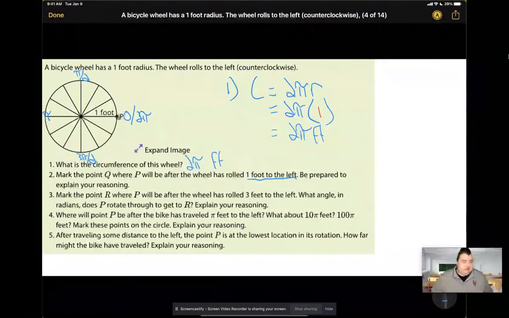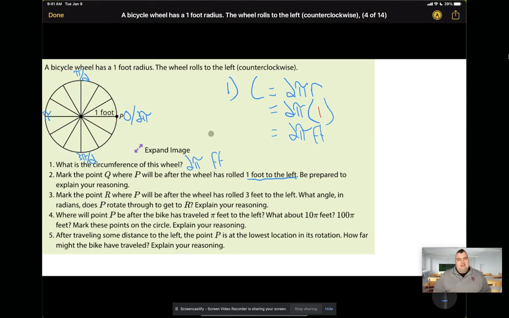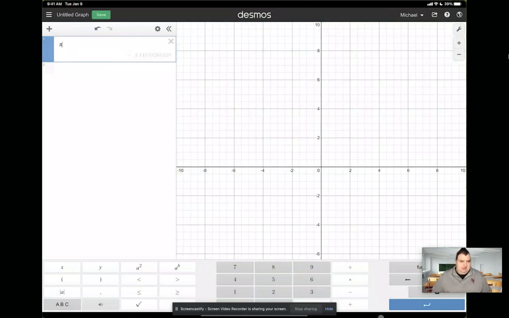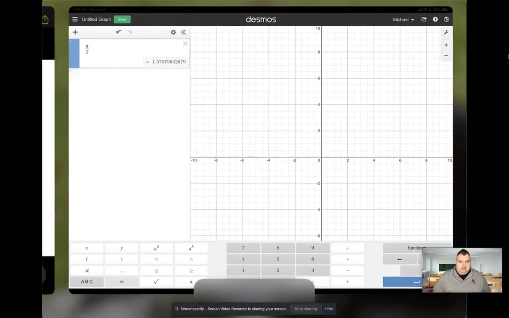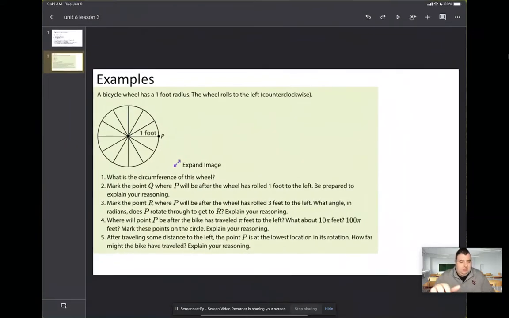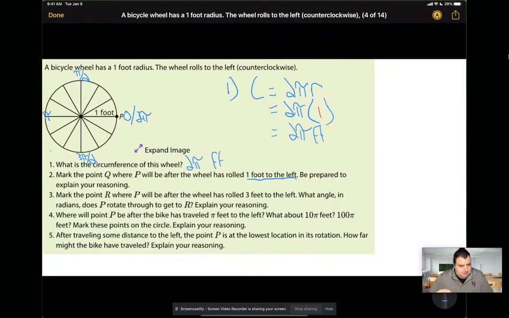So 0 is 0. Pi over 2 is approximately, if we calculate this, 1.57, okay? So what that is saying is that the length of the arc a quarter of the way around the circle, so the length of this arc, is about 1.57 feet.